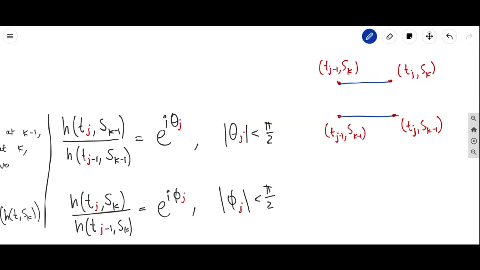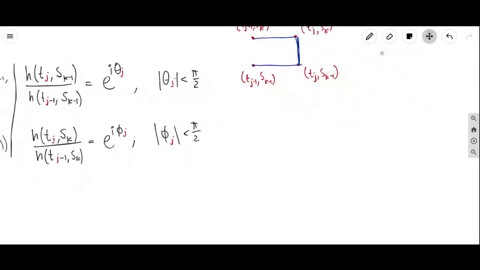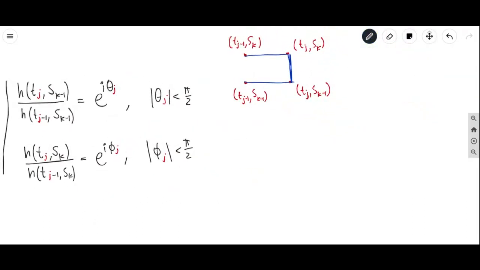And we're going to do one more calculation. We're going to calculate it like this. So we can also say that if you take h of tj comma sk and you divide it by h of tj comma sk minus 1, that is equal to e to the i of some angle.